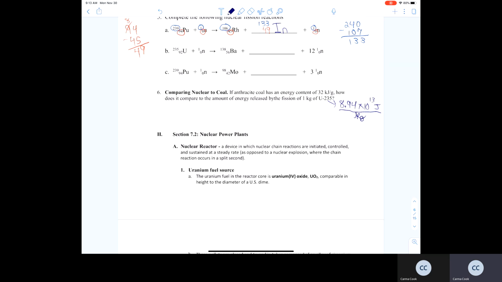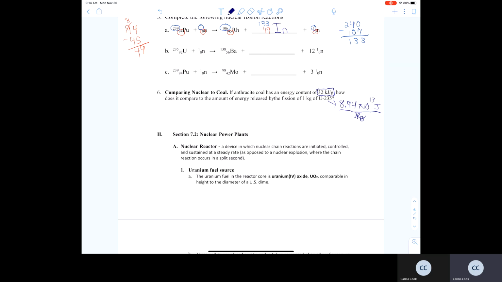So in order to compare two things, they have to have the same units. Coal's energy content is 32 kilojoules per gram. That's an apple, kilojoules per gram. But the uranium-235 energy released is in joules per kilogram. That's an orange. So you can't compare an apple and an orange. They either have to be both apples or both oranges.